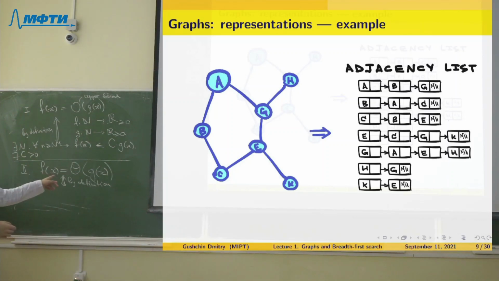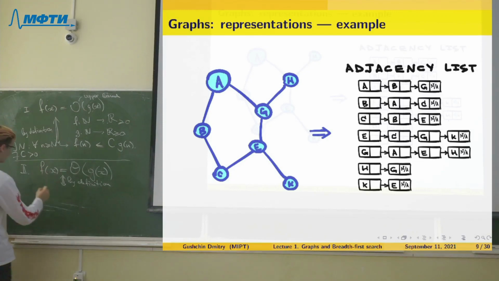Do you know definition of this notation? Yeah, of course. There exists natural number n big.